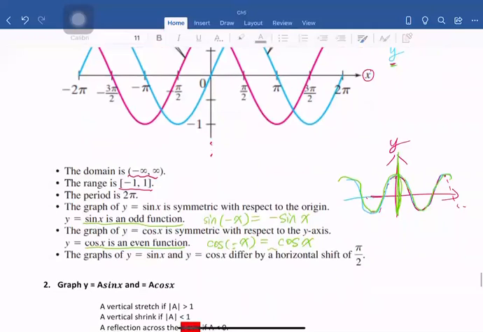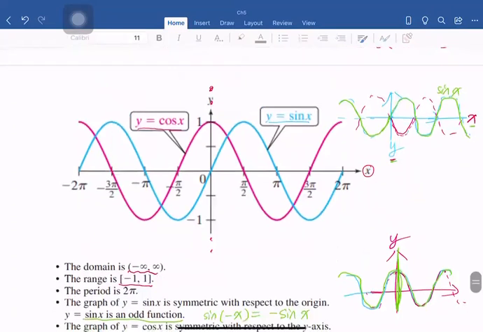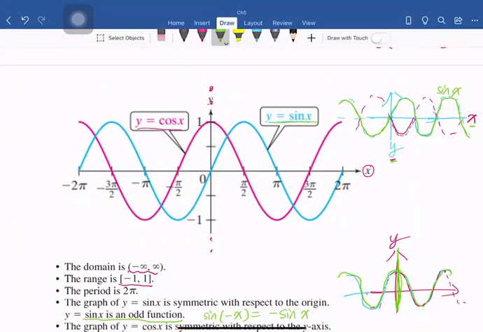The graphs of sine x and cosine x differ by a horizontal shift of pi over 2. So look at the sine x. The sine x is just like the cosine x moved to the right.